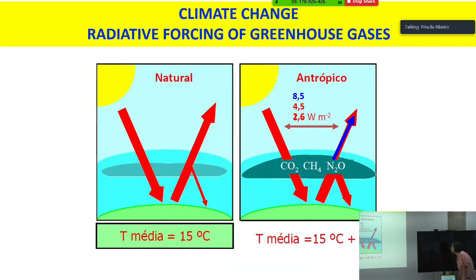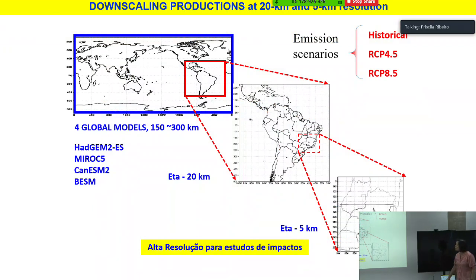So for climate change, we have produced these, what we call also downscaling. We have these global models. We took 4 global models that are in the IPCC. That's for AR5, the previous one. They're working on AR6 now, but this was from AR5.